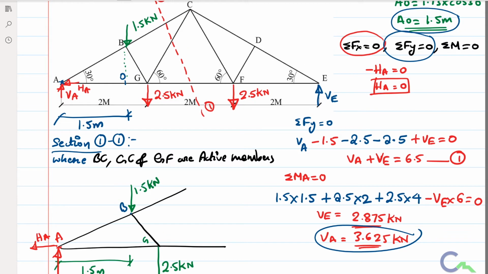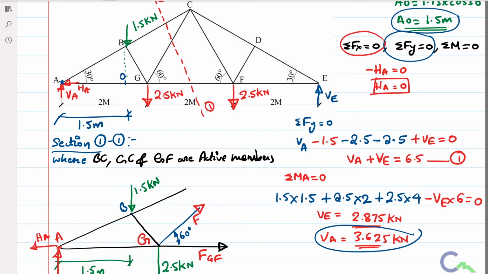So we have one more member like this with an angle of 60 degree. So initial assumption, all the members I will take it as tension, that means it is moving away from point G. I will take this as FGF. Then one more force here, that is FGC.